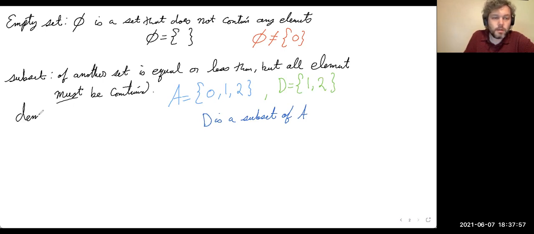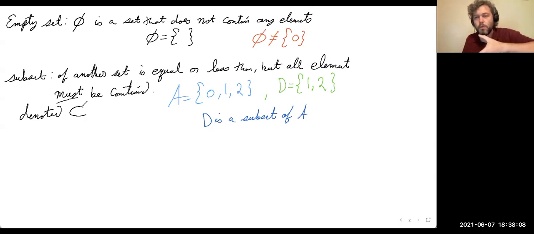This is denoted with this symbol, which is kind of like a tipped over U. If you can imagine that, like I had a U and then I tipped it over. It's denoted this way, okay? So if I showed that in this example, D is a subset of A, okay? All of the elements in D are contained in A, okay?